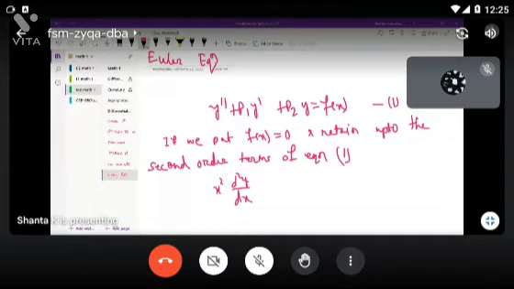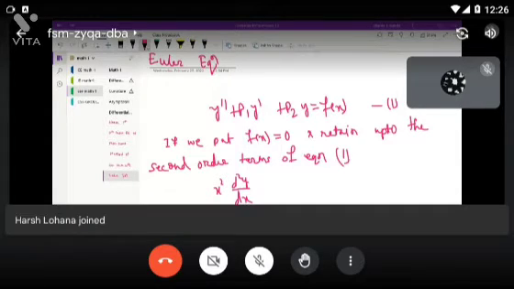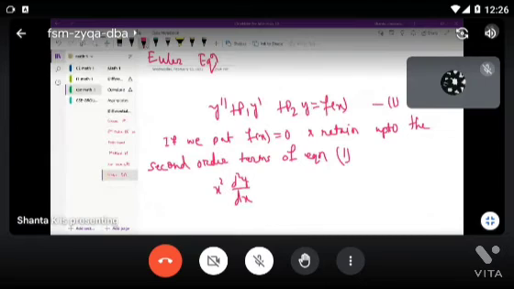Sorry, I think it's the last equation. So here, the last equation that I have given, where we have the nth order general equation, the equation was like this.